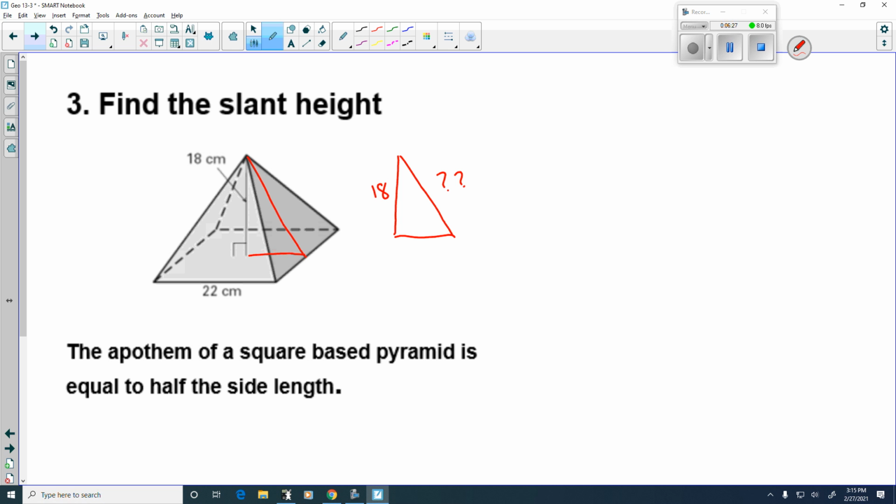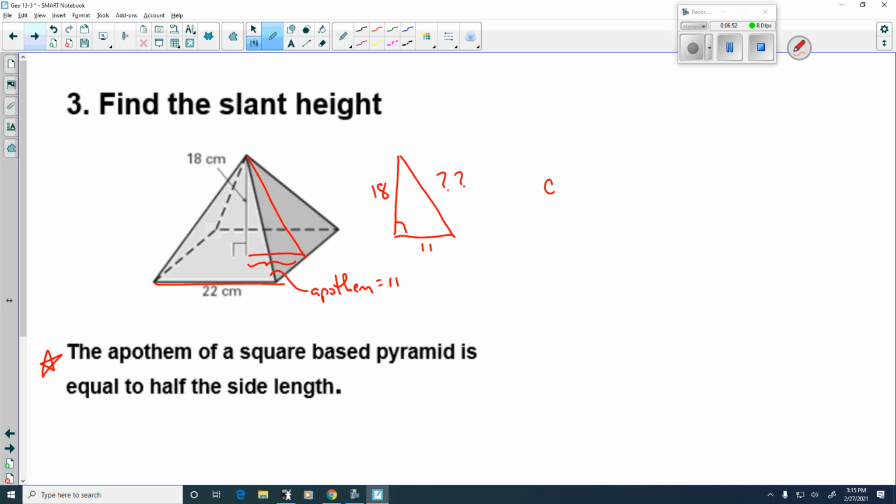I know my altitude is 18. What is this? Well, that is the apothem. And this one was kind of nice because the apothem of a square-based pyramid is half the side, or half the length of the side. So if this is 22, that apothem is going to be 11.